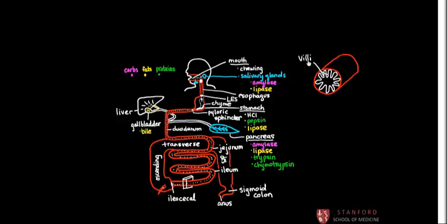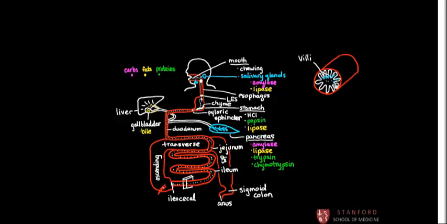And the villi, what they do is they increase the surface area for absorption of all of those important nutrients that are going to be found in the lumen. So the proteins, the fats, and the carbohydrates that are going to be passing through this lumen. And better yet, to further increase the surface area, there are these small, hair-like projections projecting off of the villi, and this is what we call the brush border.